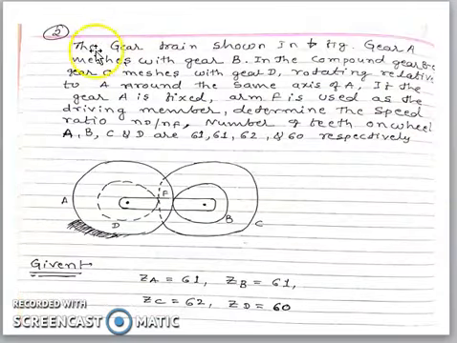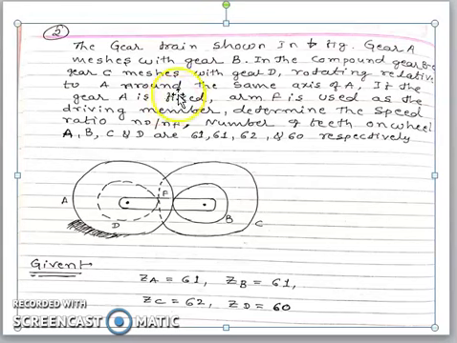Now the gear train shown in the figure: gear A meshes with gear B. In the compound gear BC, gear C meshes with gear D, rotating relative to A around the same axis as A. If gear A is fixed, arm F is used as the driving member.